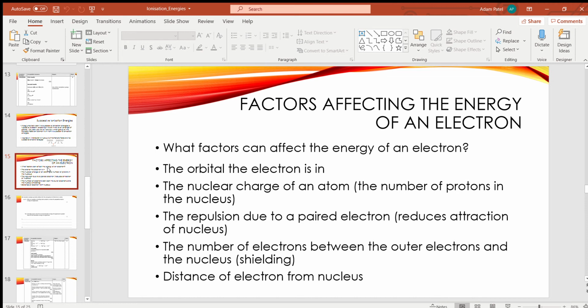As you go down group 1, the elements become more reactive because the attraction between the nucleus and the outer electrons becomes weaker and weaker as you go down the group. Therefore, it's easier to lose an electron.